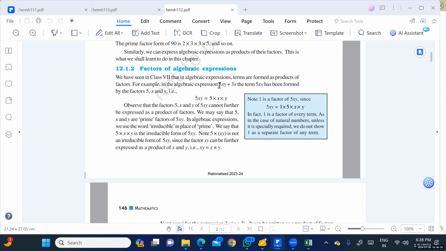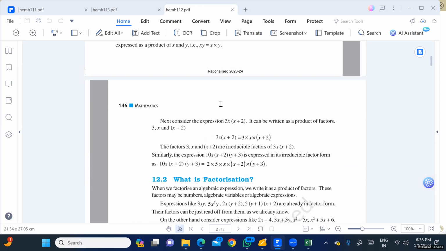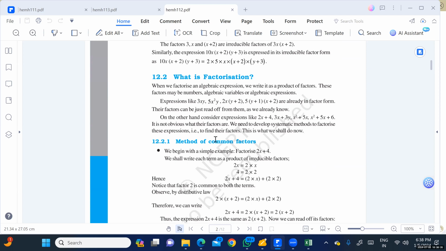Sir, term. This is one term, this is the second term. So this is an expression. Expressions like 3xy, 5x square y, all these are already in factor form. Like 3xy, they're already in factor form. You cannot further break them.